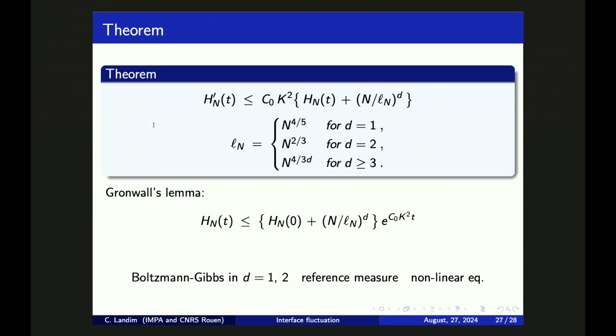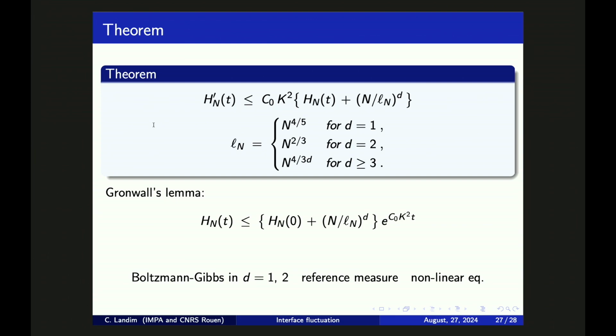So this is the theorem we could prove. By using this Jara-Menezes technique, we were able to prove that the derivative of the entropy is bounded by k squared times the entropy plus this small error term. And of course, since you have k squared here, by using the Gronwall inequality, what you get is that the entropy is bounded by exponential k squared.